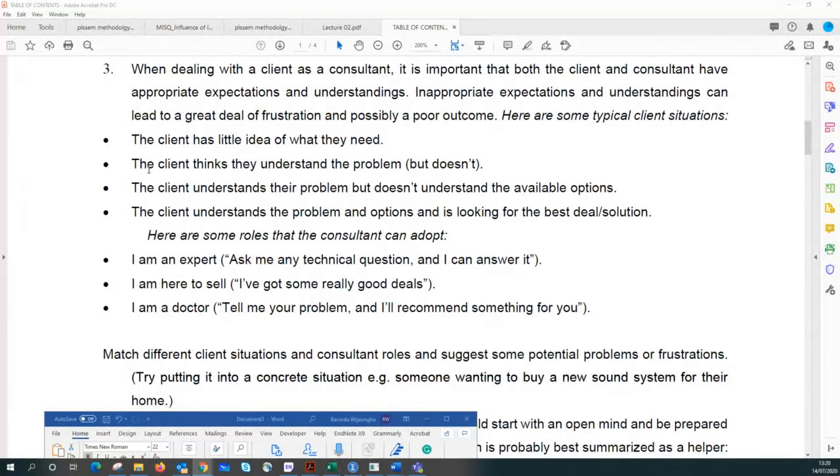So in these two kinds of situations, which consultant role do you think is best applicable, right? What is your thought? I think these first two look a bit the same. So what is the role best applicable in this sort of situation?